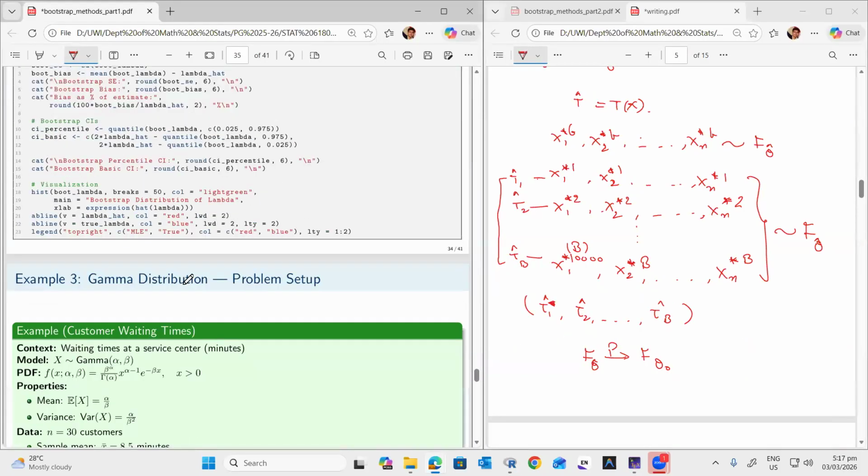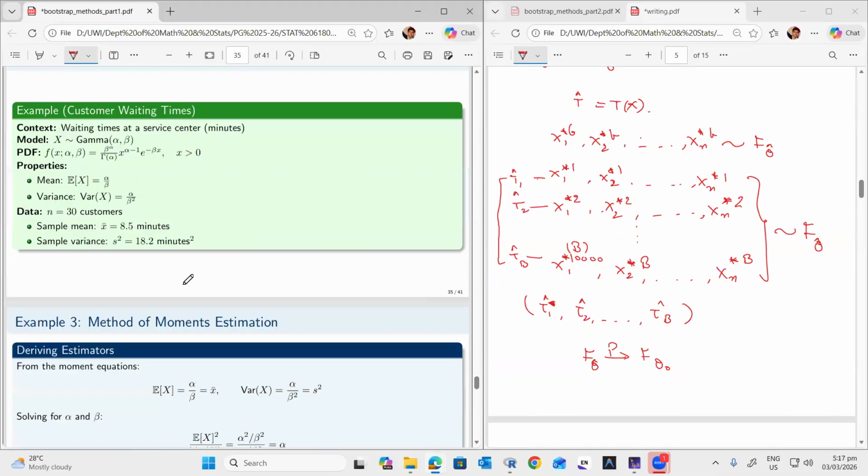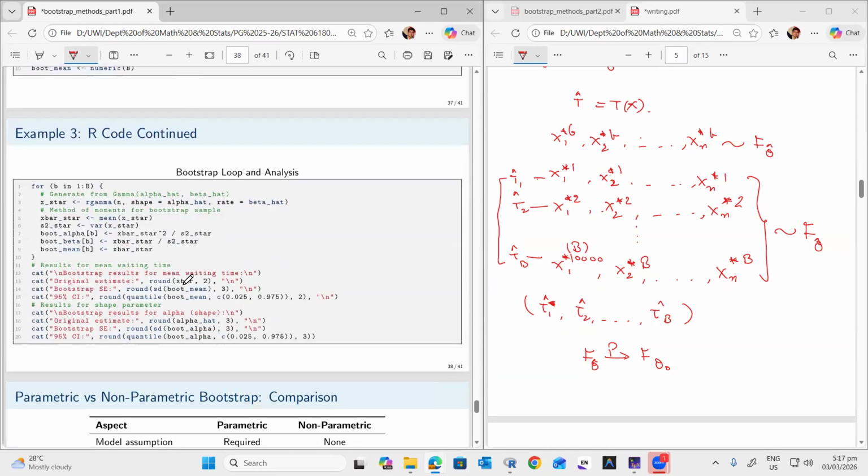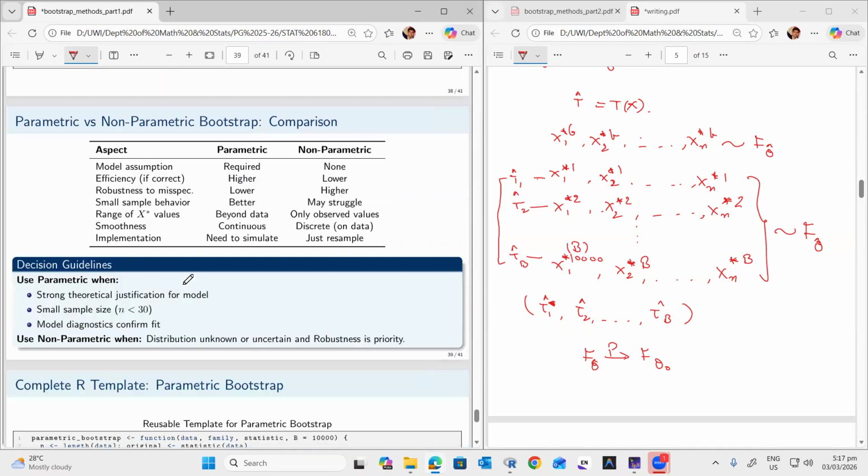All right. So another example for the gamma distribution you can check on your own. You already have the PPT. So what is the difference between parametric and non-parametric bootstrap? In model assumptions, in the parametric you need the model, and in non-parametric you don't. Efficiency is very high in the parametric if you know the distribution of the given data.